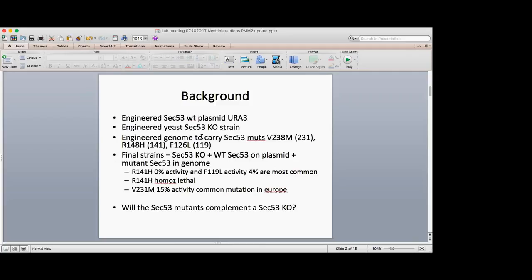Because we've deprived them of their normal PMM2. That's really the setup of this system: we're able to introduce both a normal version of the PMM2 gene in yeast, and then a mutant form. Then we can turn off the normal form of the gene and ask if the yeast still survive, if they have to rely on the mutant form. Is that kind of clear to everybody? Hopefully it will become more clear as we go.